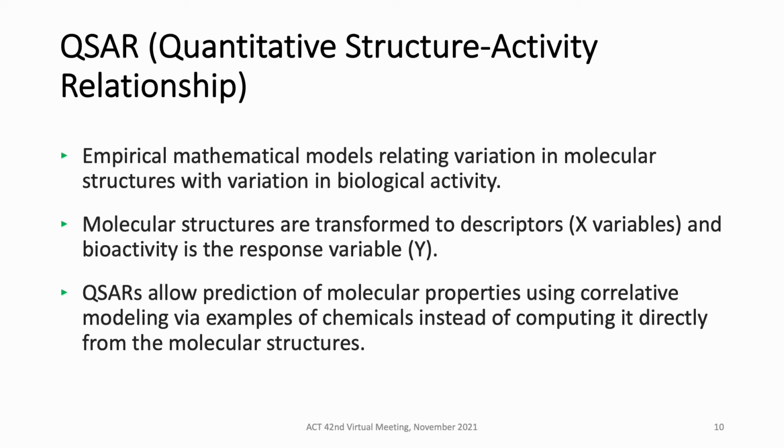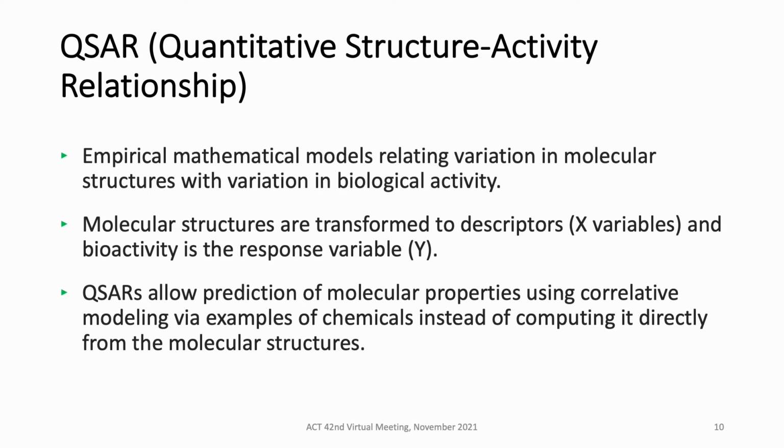And the first step in building a QSAR model is the transformation of the molecular structures to so-called descriptors, or X variables as they are called in mathematical terms, and then using some sort of mathematical or statistical technique to relate these X variables with the response variable, or the Y variable, which is nothing but an experimentally measured property, biological activity, or a calculated property. So basically this is a correlative technique.